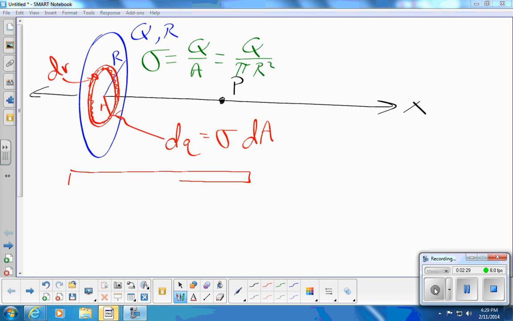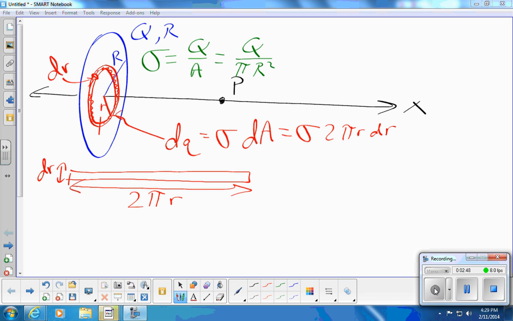And here's the rectangle you get if you make a cut there and then just straighten it out. The rectangle has a length, which is equal to the circumference, 2 pi times little r, and a thickness top to bottom of dr. So the charge on it is sigma times the area, and the area is 2 pi r dr. Okay, that's the charge of the ring.